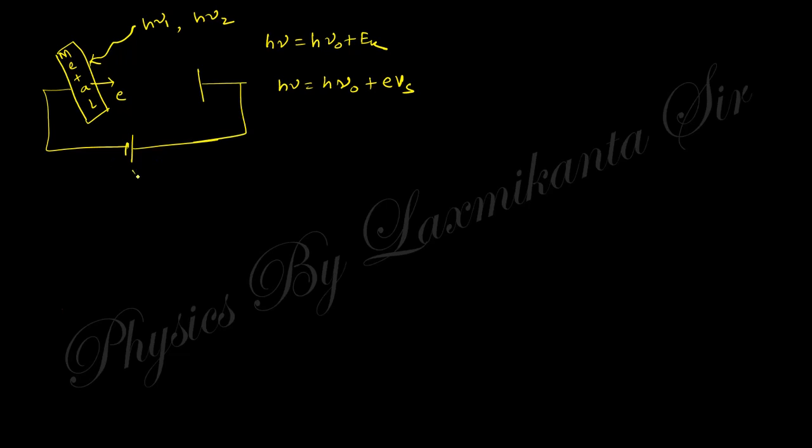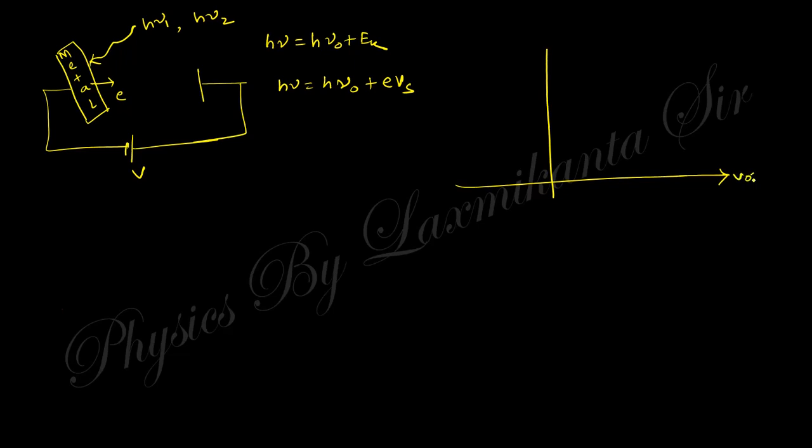Remember this equation, h nu equals h nu naught plus Ek. Ek is nothing but eVs. Remember this diagram, the connection at the front side, and the voltage will be negative on the other side. So the curve will be like that.